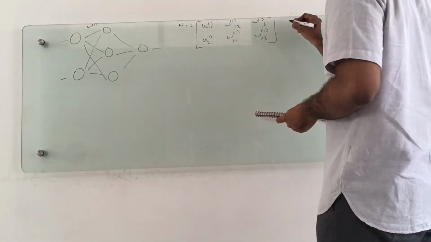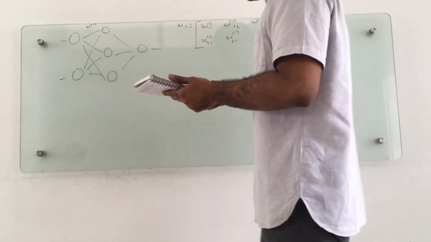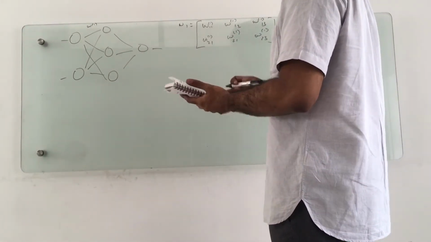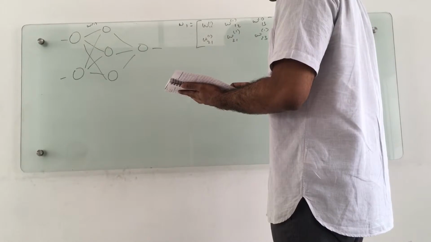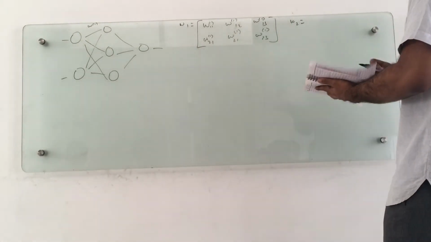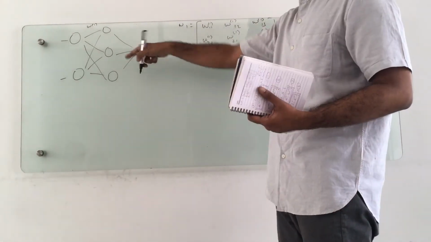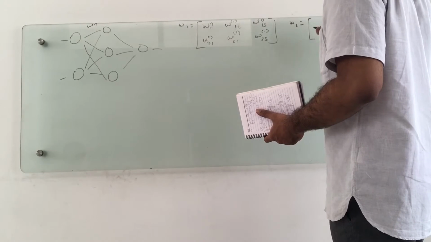So similarly, your W2 will look like this. W2 is a matrix.